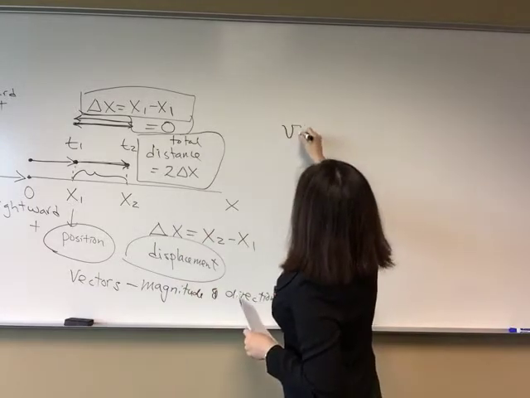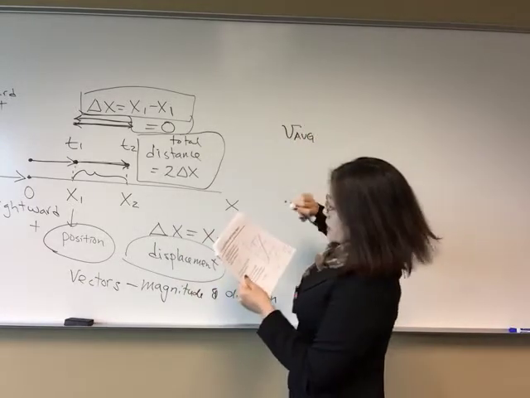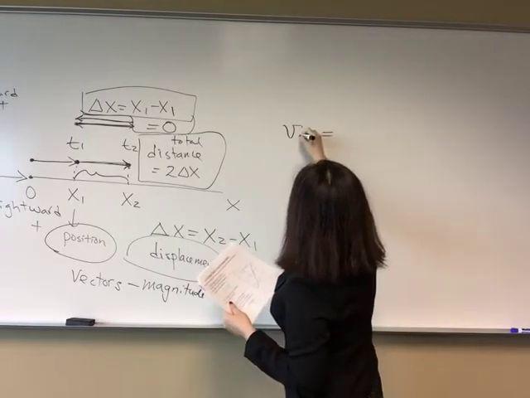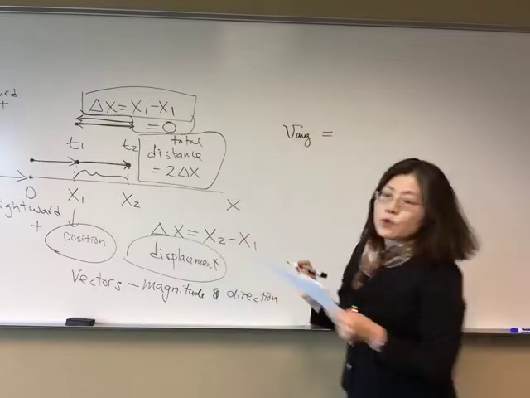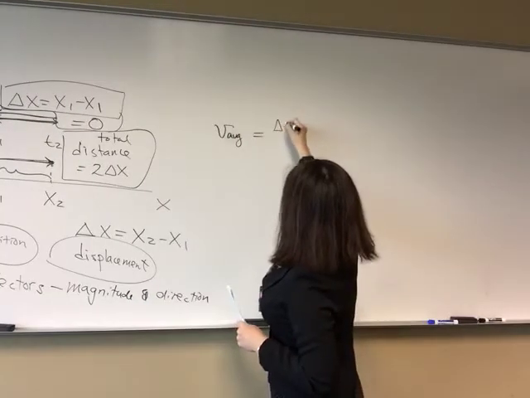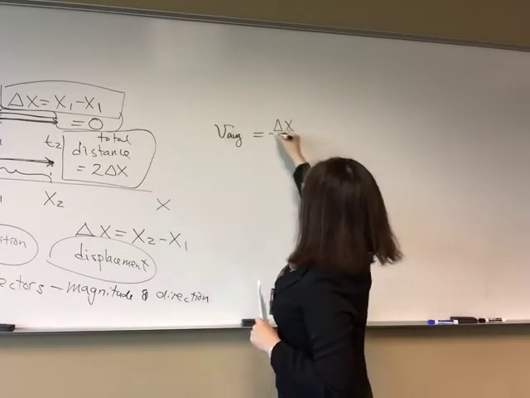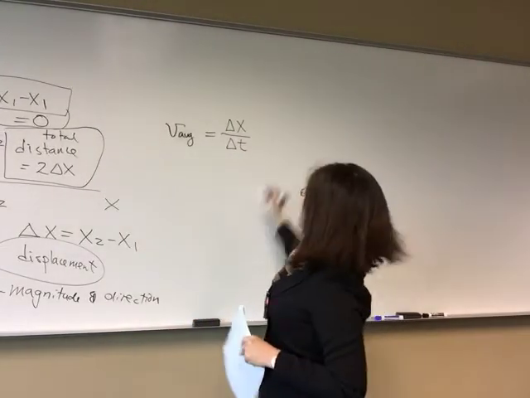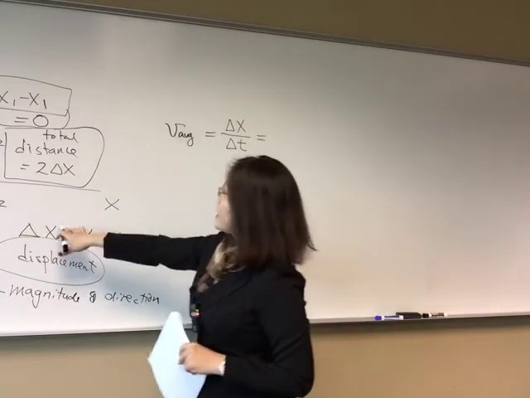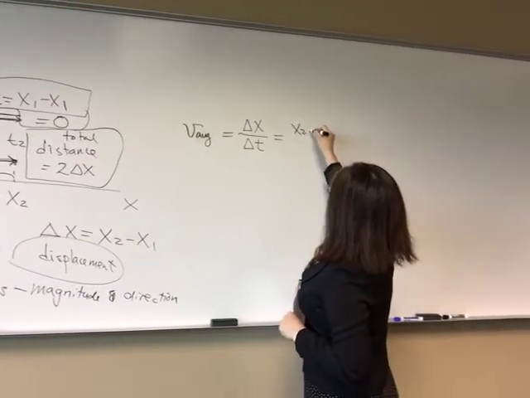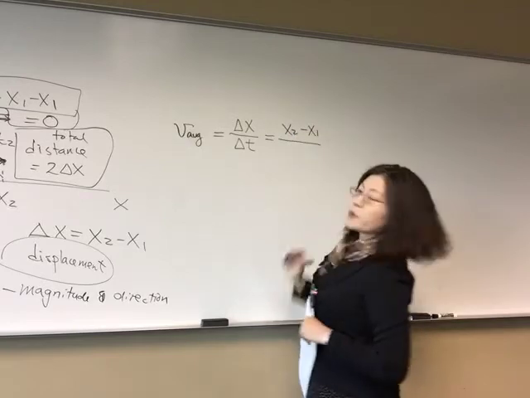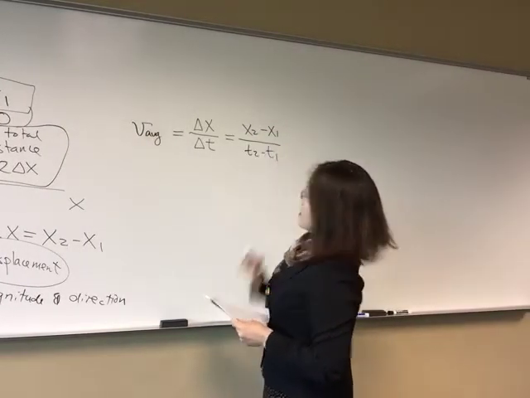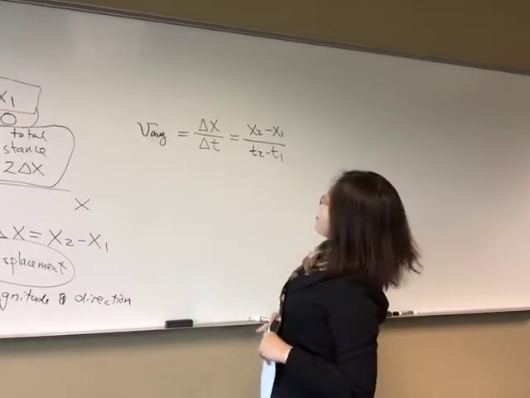So the average velocity, using a lowercase v with the subscript avg, is equal to the displacement, delta x, over the time interval delta t in which the displacement took place. In this case, your delta x would be the difference between the final position and initial position, over the time interval t2 minus t1. Okay, so this is the definition of average velocity.